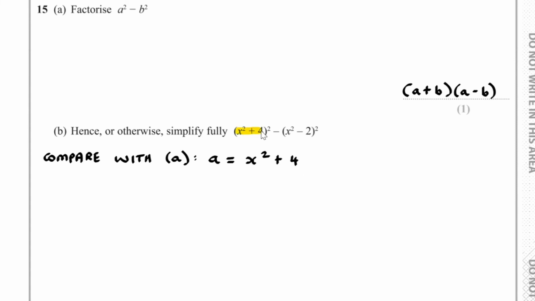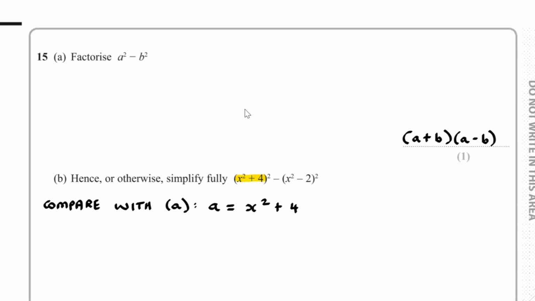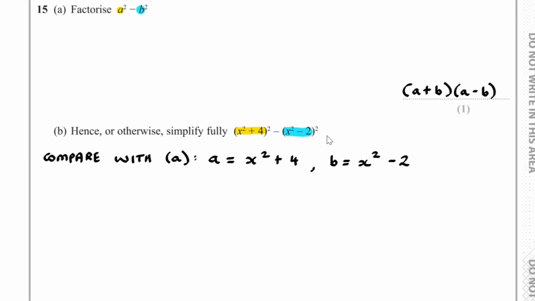So the x squared plus 4 is what we have over here, and the b is x squared minus 2. And so with that, we can use the difference of two squares to find out what the expression simplifies to.